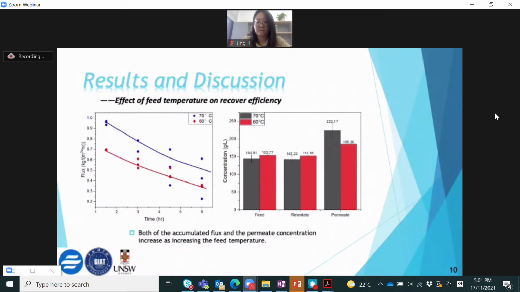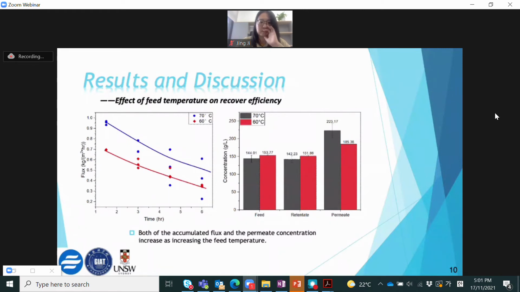And here the membrane flux decreased over time regardless of the feed temperature. But obviously, higher feed temperature leads to larger flux. It's also noticed that increasing the feed temperature could increase the ethanol concentration in the permeate as well, as shown in this bar chart.